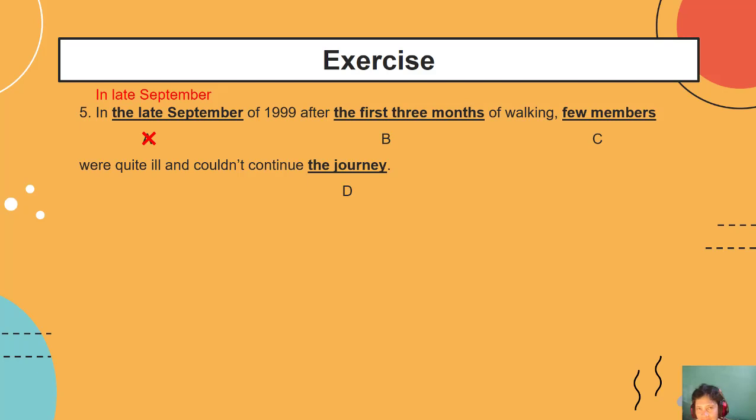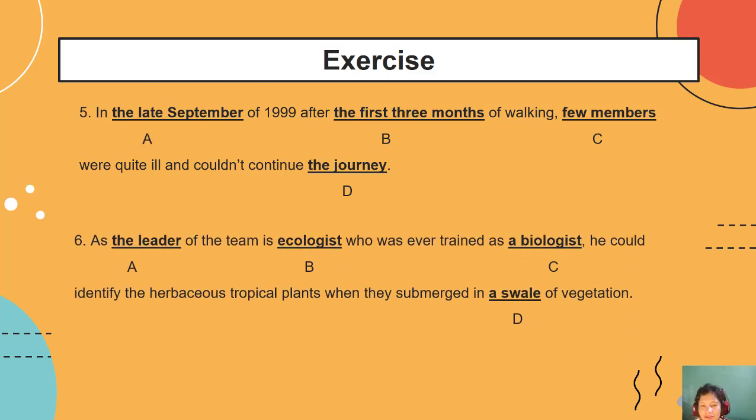The next, as the leader of the team is ecologist who was ever trained as a biologist, he could identify the herbaceous tropical plants when they submerge in a swirl of vegetation. Okay.